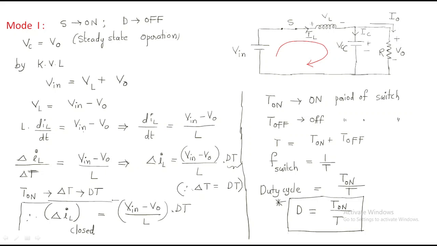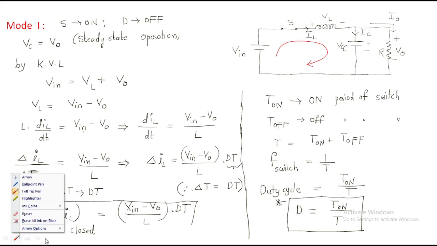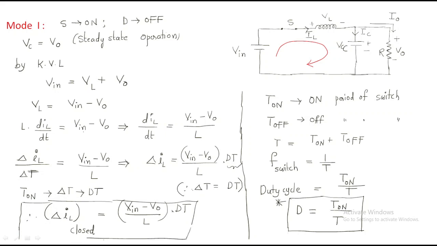This is the first equation: the change in inductor current equals input voltage minus output voltage by inductance into dt.